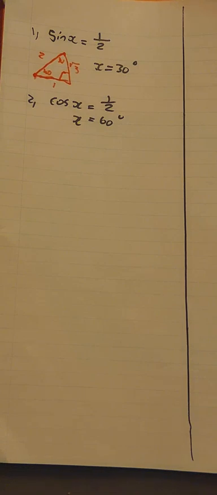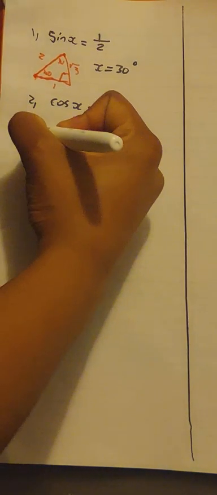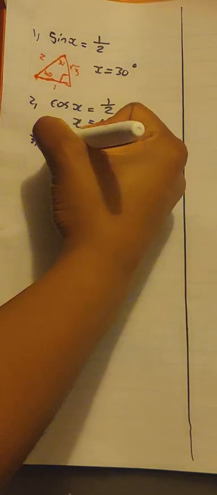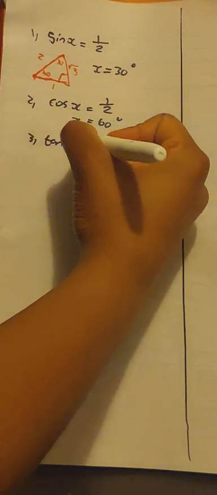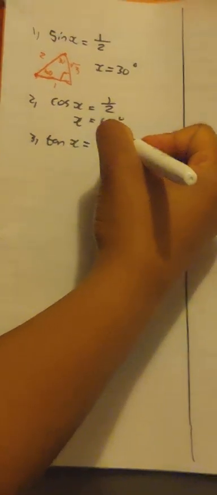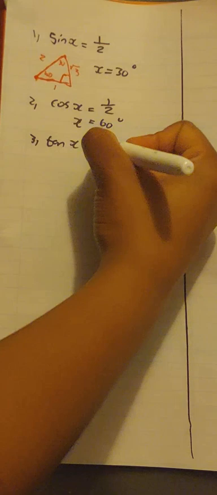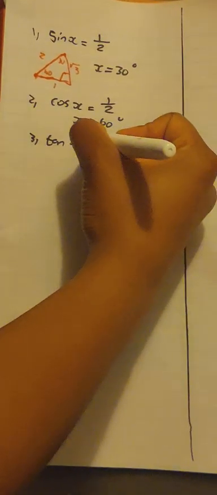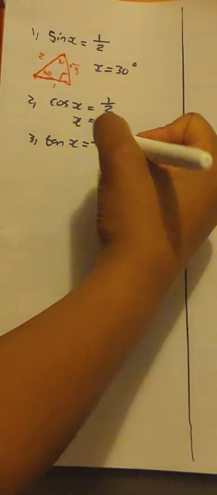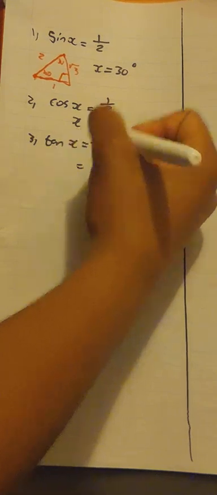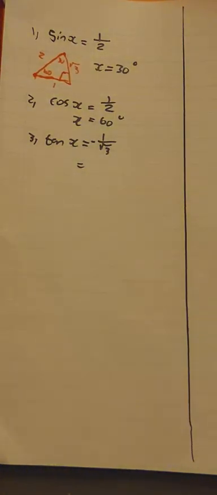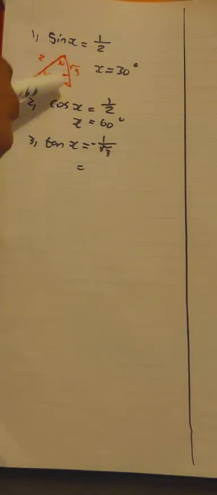And then let's continue. Number 3, tan x is equal to negative 1 over square root of 3, guys. Your tangent is your opposite over adjacent. Which one is opposite to 1? It's 30.